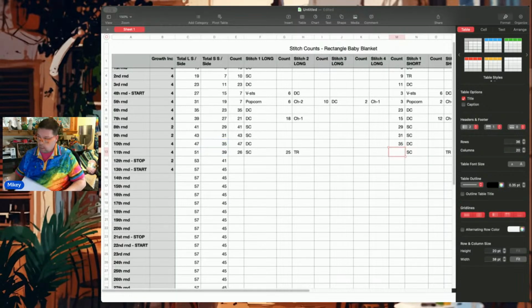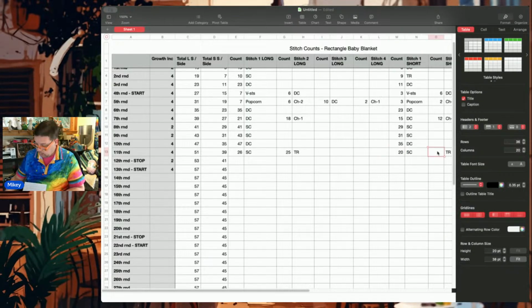And the short side, single crochet. 17, 18, 19, 20. So the other one is 26 single crochet. This is 20, so that's an even number, so that's right.